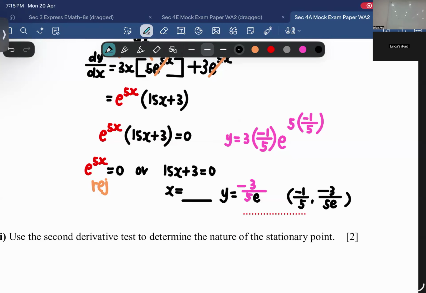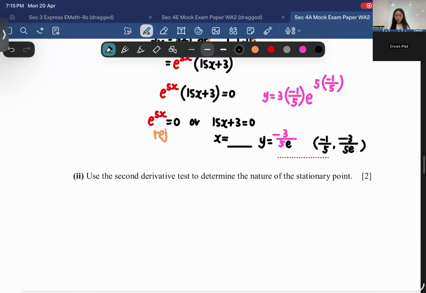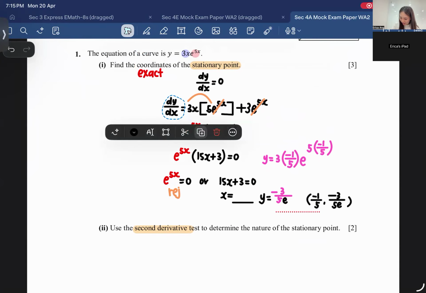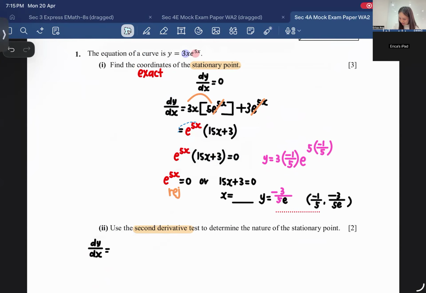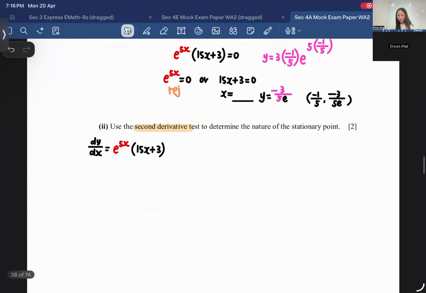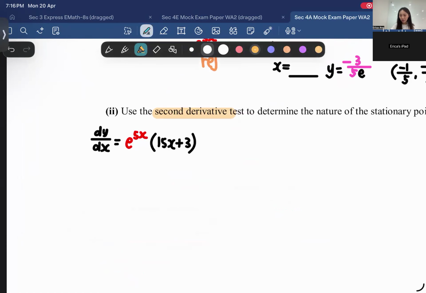Very good. Yes, good job. Okay, do the next one, yeah? So the next part here is use your second derivative. What does second derivative mean, guys? So this is your dy dx. So dy dx is over here. Okay, so second derivative means you will differentiate one more time.